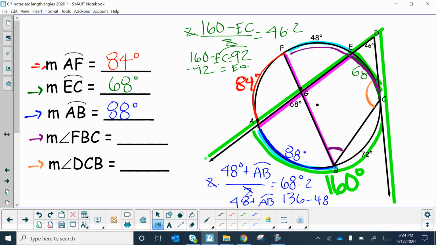So 68 and 48. 68 plus 48, that whole big purple arc out there, is 116 degrees. So all I have to do is take half of that, and that's going to give me that inscribed angle. So divided by 2, that's 58 degrees.